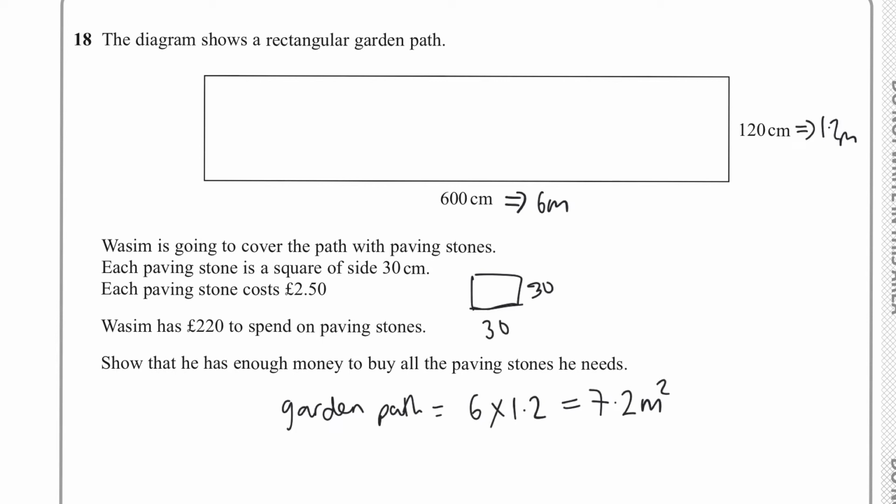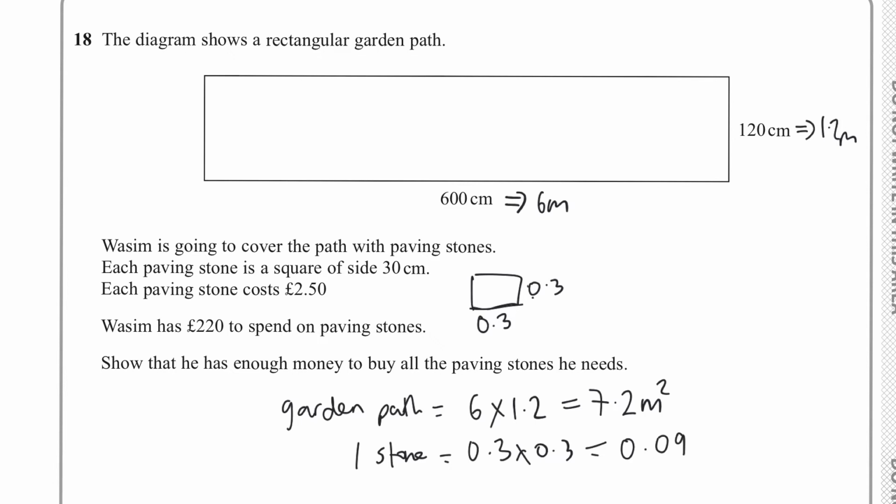In terms of the paving stone, we can convert this into also meters. So then it's going to be 0.3. So for one stone, it'll be 0.3 times 0.3, which would leave us with 0.09.